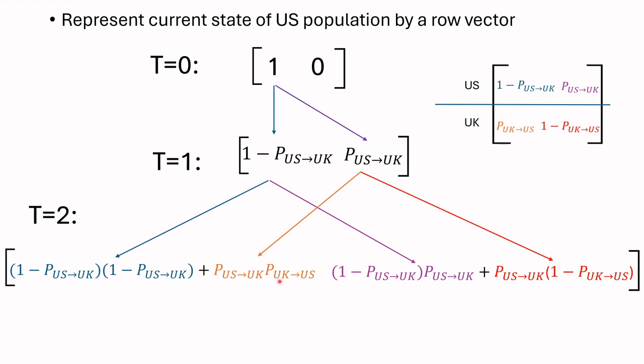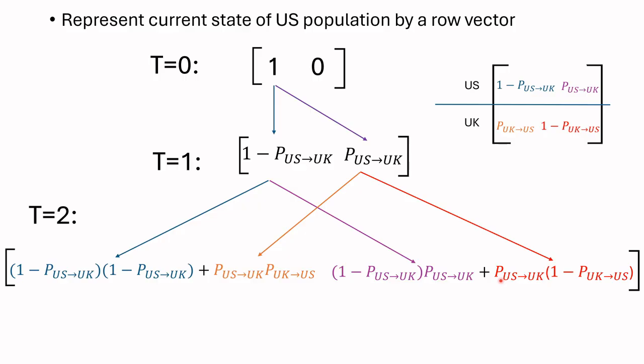So the total portion of all people in the United States is this whole term over here. And it's a similar case for this side, which is all the people that end up in the UK at the end of year 2.